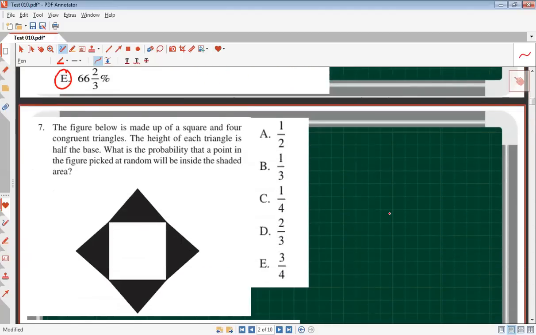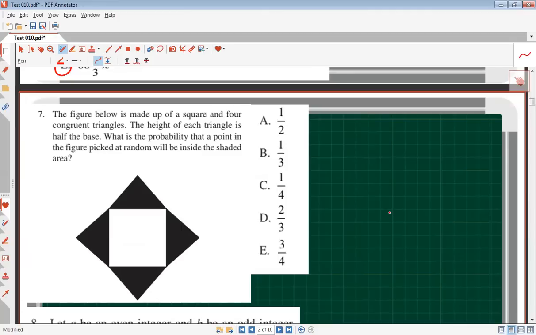Question number 7. The figure is made up of a square and 4 congruent triangles. 4 congruent triangles, that means they are equal. The height of each triangle is half the base.